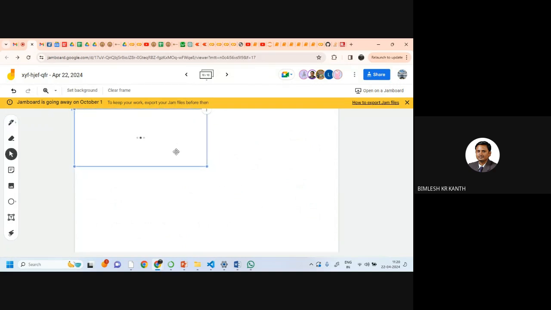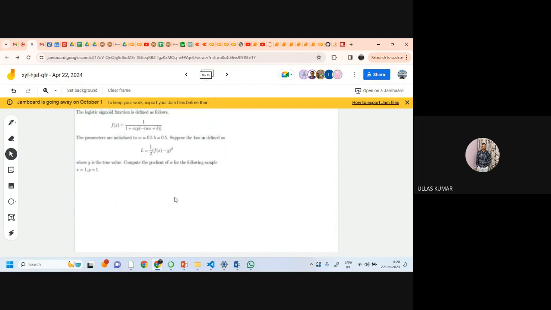First we have to compute the value of f(x). Let me just write here.